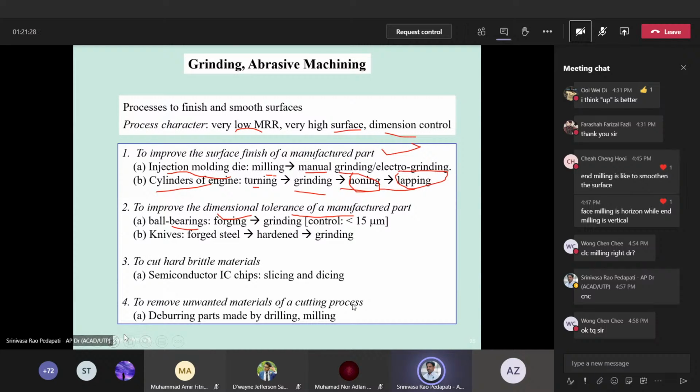But forging is also one type of manufacturing, and then after forging we have to grind it to control, to get a finish of 15 microns. And then knives, the knives which you use in your house are made of forged steel, and sometimes you also grind them.